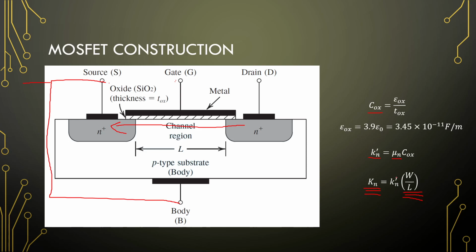So you will not know what small kn and the width and the length is of a transistor. So some of the things that they typically will give you is Kn and the threshold voltage or Vt. Right, so first important equation is the transconductance of a MOSFET. It's not the transconductance of the amplifier.